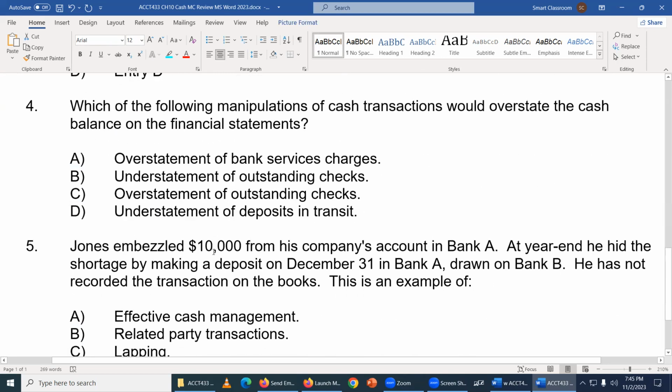Okay. Which of the following manipulations of cash transactions would overstate the cash balance on the financial statements? Understatement of deposit in transit.